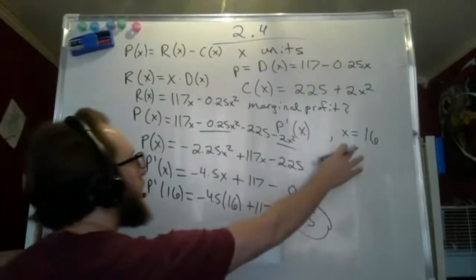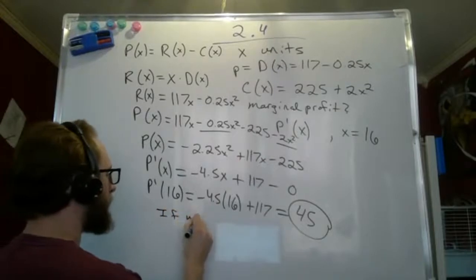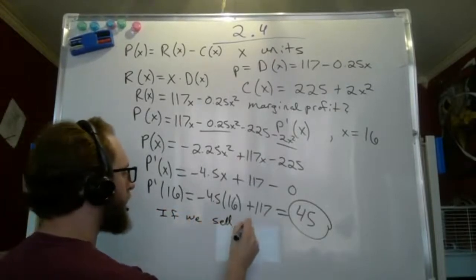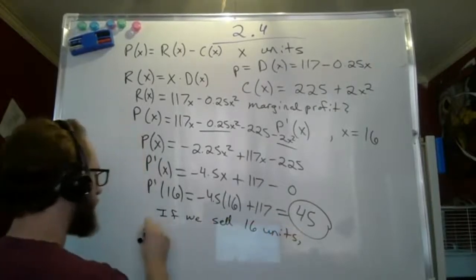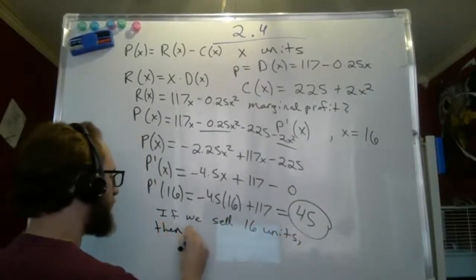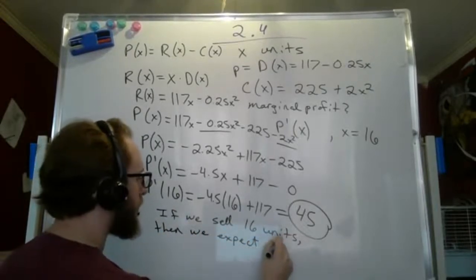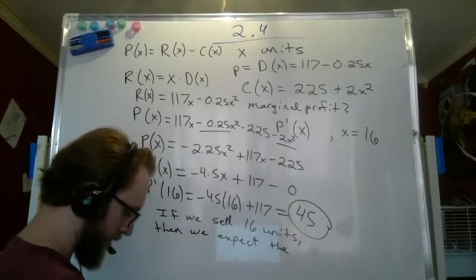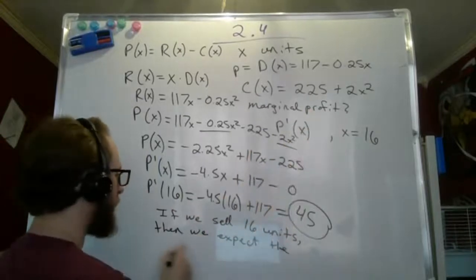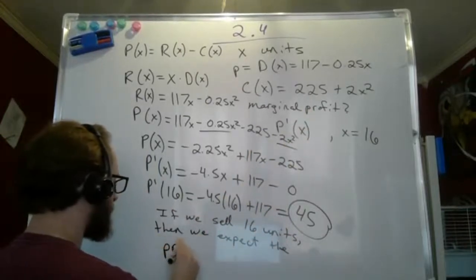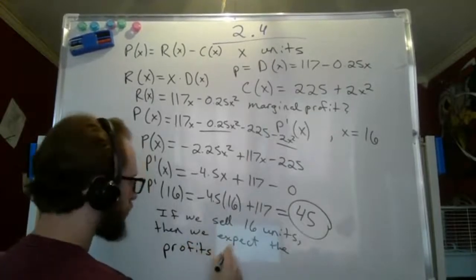We're saying that when x equals 16, so if we sell 16 units, then we expect the profits, because remember we're talking about marginal profit here, to do what?